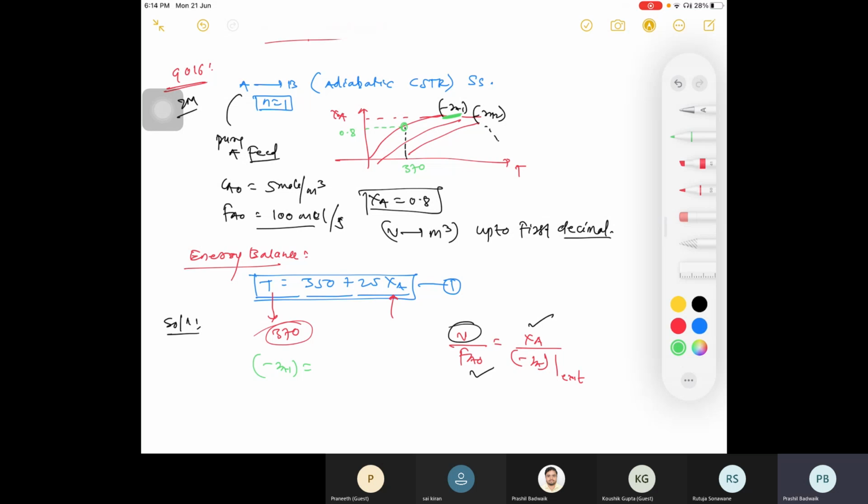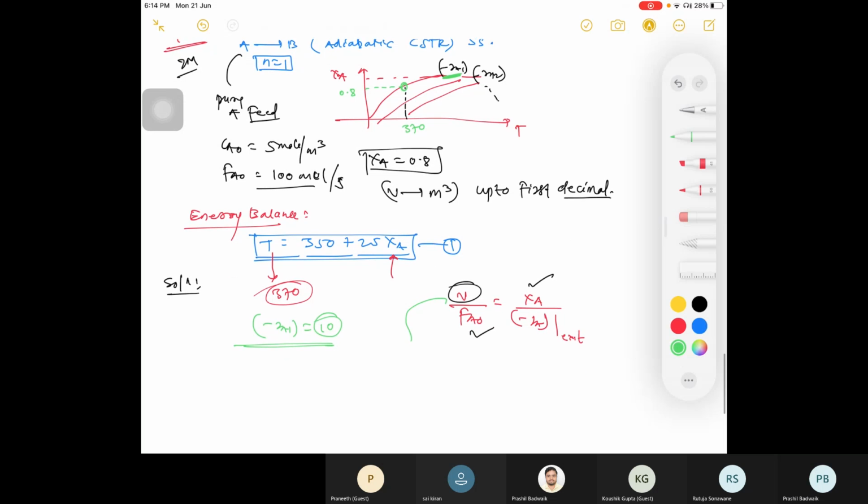From the graph, I guess it is 10. If you find this question from 2016, you will have the rate value of 10 from the graph. Now your work is just to find the volume. The basic thing asked is whether you know what the operating line is. Even the equation was given, so directly you can calculate the conversion.